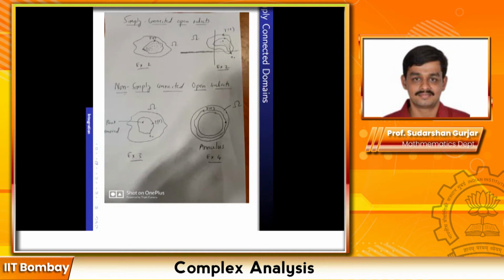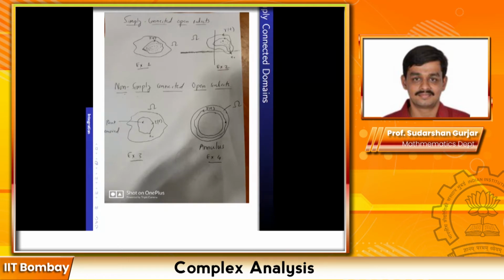First of all, I claim that this open set is not simply connected. To prove that this open set is not simply connected, I should by definition give you a gamma whose interior is not contained inside omega. And what is such a gamma?